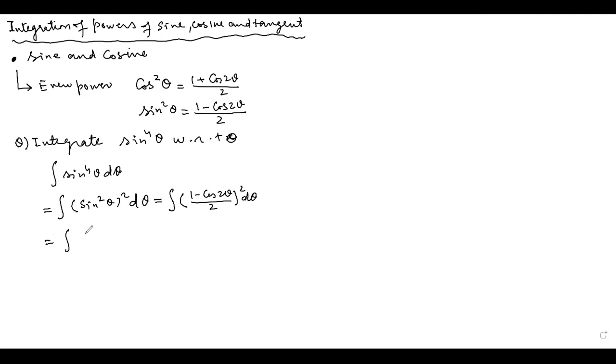Now, this one is 1 minus cos 2 theta over 4 whole square d theta, which is equal to 1 over 4 times 1 minus 2 cos 2 theta plus cos square 2 theta d theta.